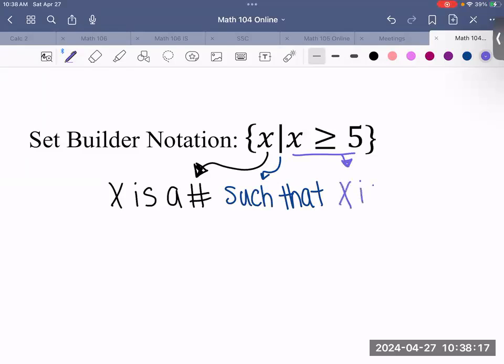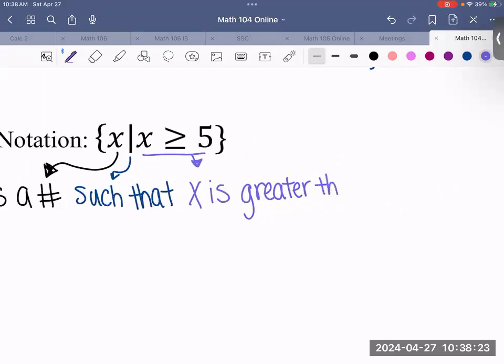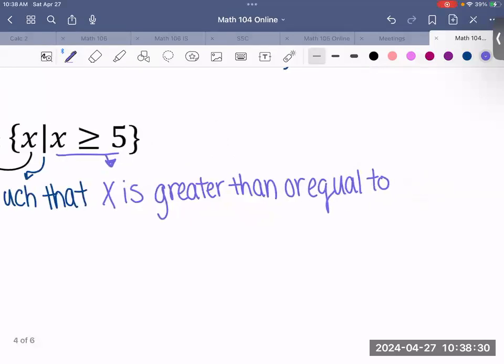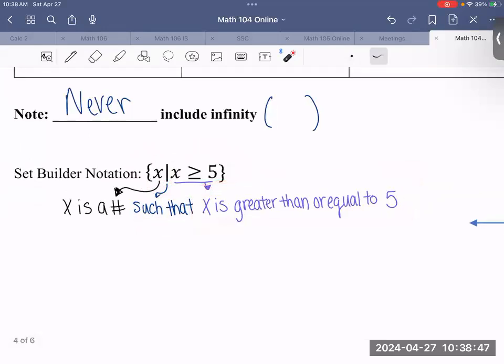X is greater than or equal to. So that's how you can write and read in set builder notation. Really, the big takeaway is that this bar just means such that or so that, and then following it really defines for us what these X values are going to be.